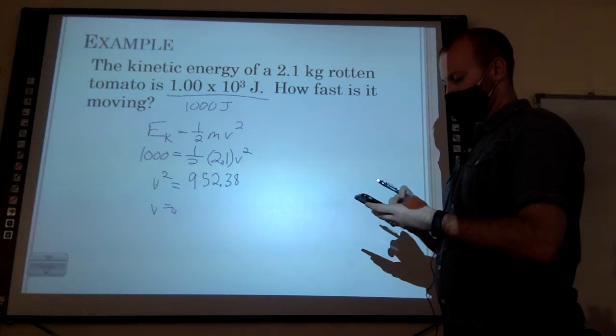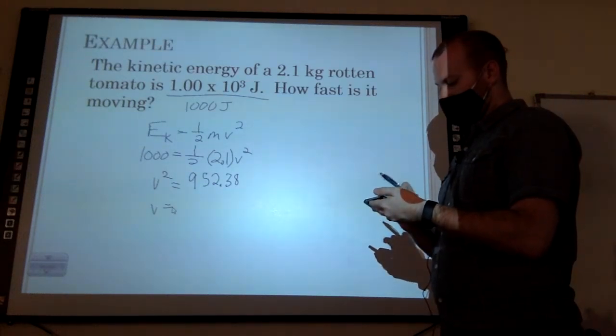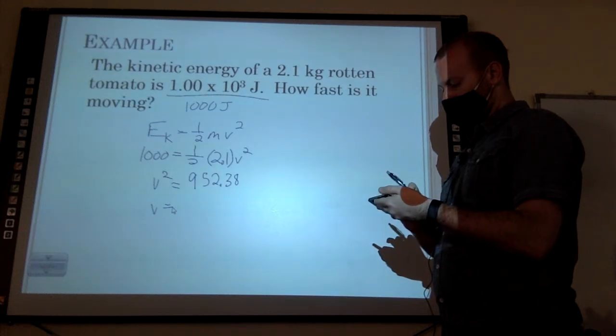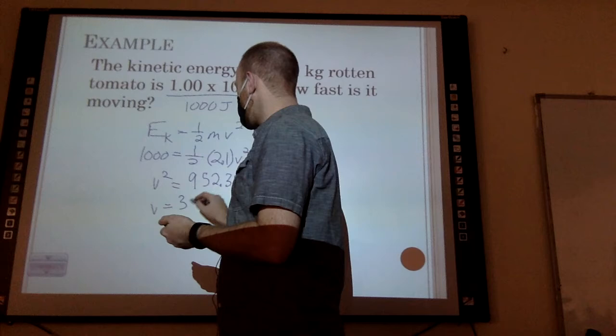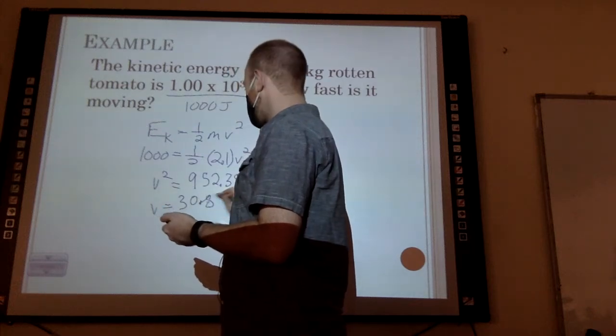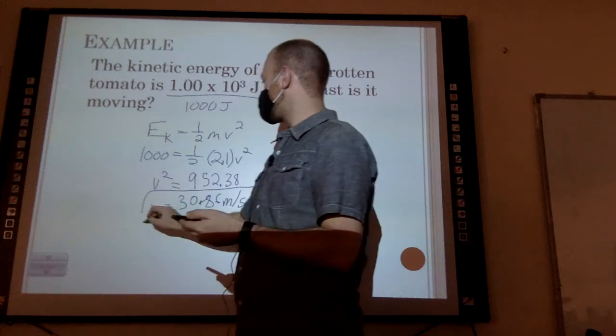Stupid calculator can't do it without being turned sideways. So my square root, there it is. So we get velocity of 30.86 meters per second.